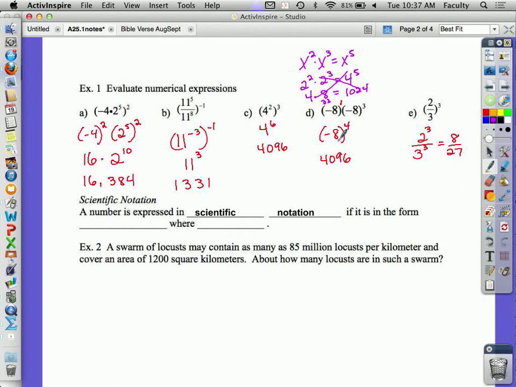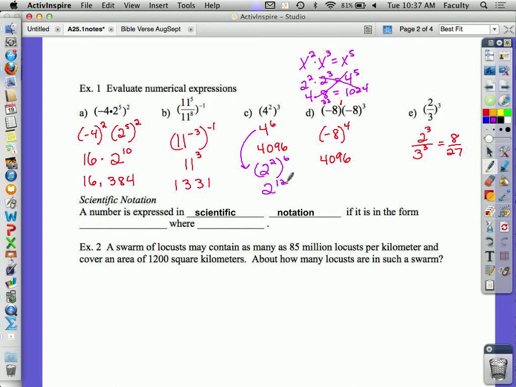Now, let's put our thinking caps on, and letter C, my 4 to the 6th gave me the same thing as negative 8 to the 4th. That's not a happy accident. There's a really, really good reason, and this might pay off later for us if we dig into this. What's another way to write 4 instead of just 4? It's 2 squared, right? So watch this. If I rewrite 4, I'm going to take this piece right here, and if I take 2 squared to the 6th, that's 2 to the 12th, right?